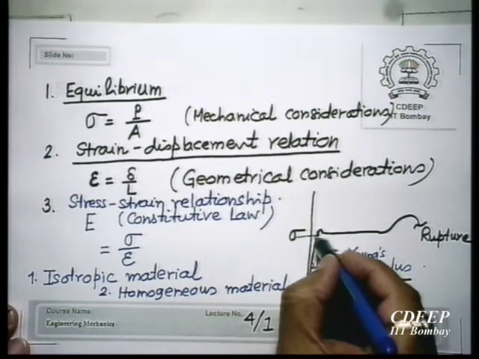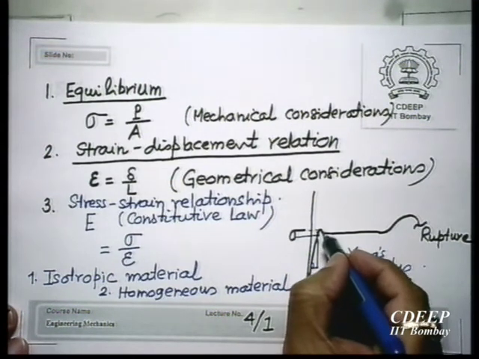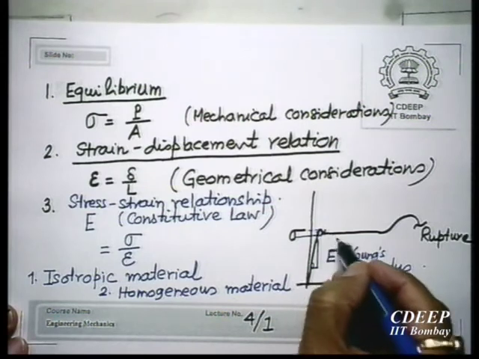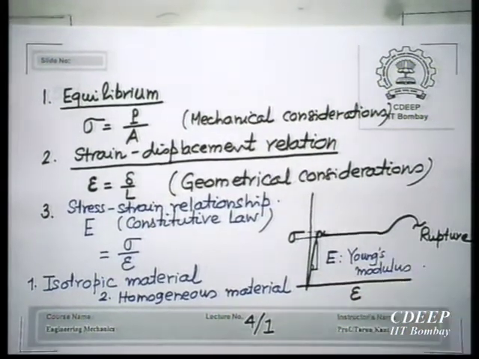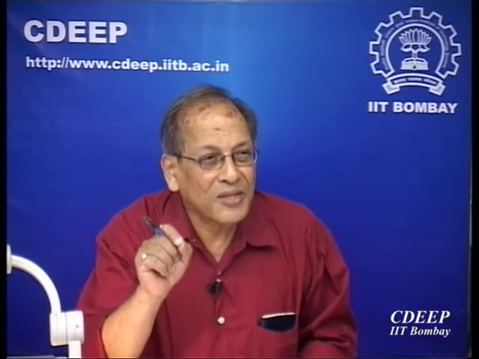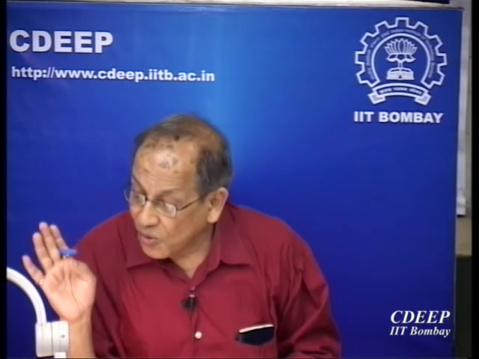There is this point that is important, then this top point is important, then the point from where the flow of the material starts is important, and they are all very close to each other. In fact, in most of the experiments you will find they all merge into one. You have to do the experiment very, very carefully. We have got a new machine which can depict this. So, try to see the behavior of the steel rod when it is being tested in the new machine. The old machine was not able to.